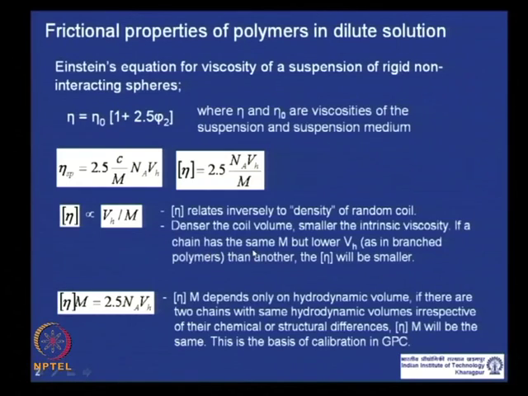If the chain has the same molecular weight but lower VH, lower size, a more compact coil, which we get for a branched polymer. As we discussed, if you compare a linear and a branched polymer of the same molecular weight, the branched one will have a more compact volume. So, it will have a lower hydrodynamic volume per coil, and in that case the intrinsic viscosity would be smaller.